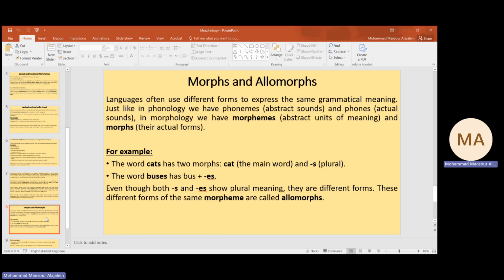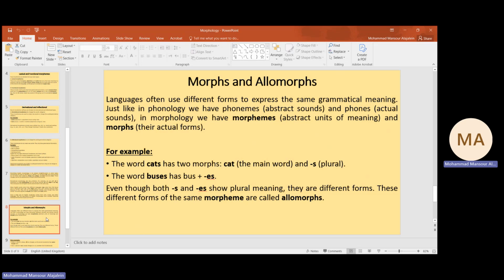So languages often use different forms to express the same grammatical meaning, just like in phonology. We have phonemes and phones, and in morphology, we have morphemes, and also we have morphs.